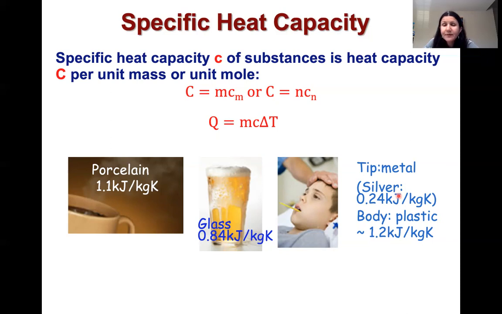So when you have low specific heat, then when two things are interacting, the thing with the lower specific heat will most likely reach the temperature of the other object, in this case, the body.